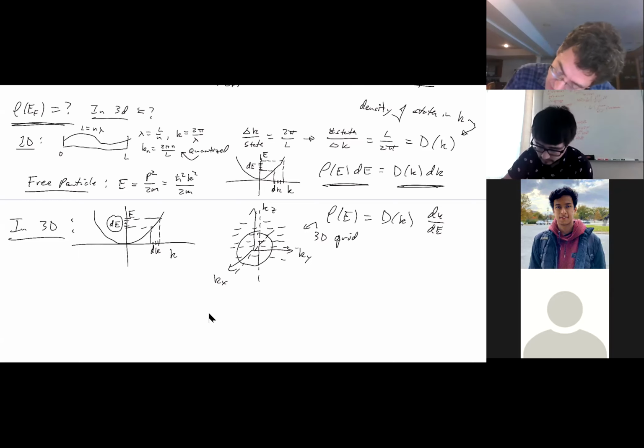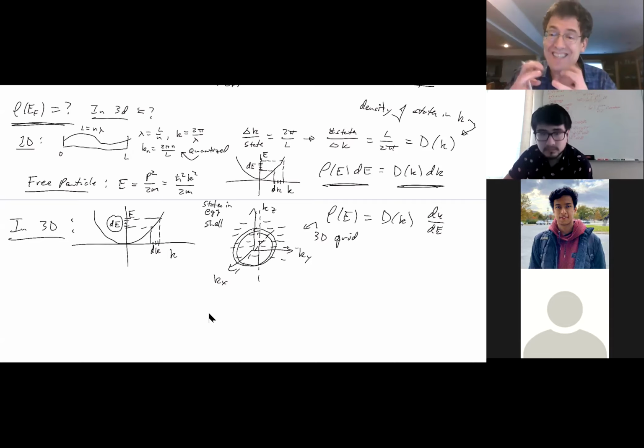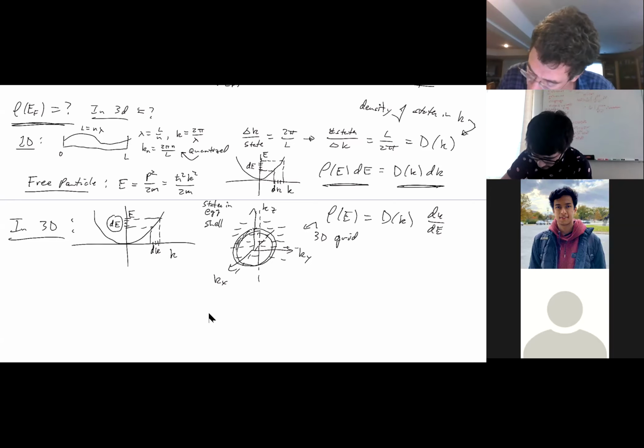And so the dk is this eggshell. So it's the states in the eggshell, not in the interior, but in the actual shell itself. This is the shell. I'm cross-hatching it right now. So it's the states in that little shell, and those are the states we care about now.